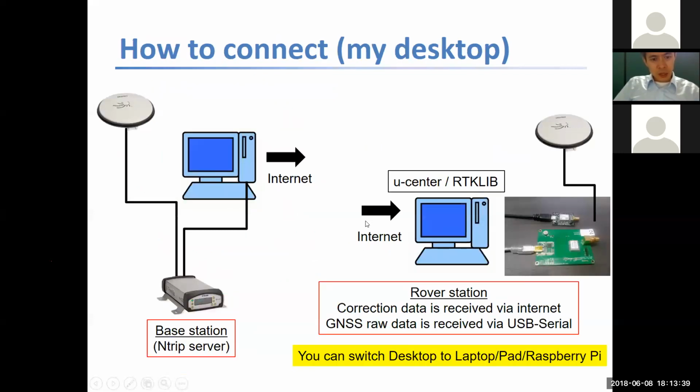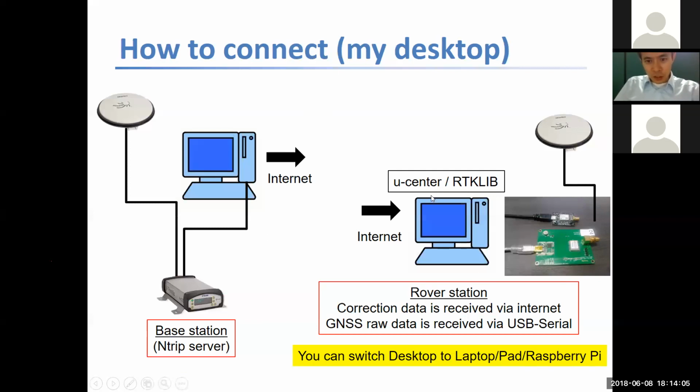So here are the configurations, how to do the RTK. In our laboratory case, the base station is Net2R9, and we can use an NTRIP server, NTRIP caster from these base stations. And on the rover side, we prepare u-blox, maybe this is Skytrack, a low-cost single frequency RTK receiver.